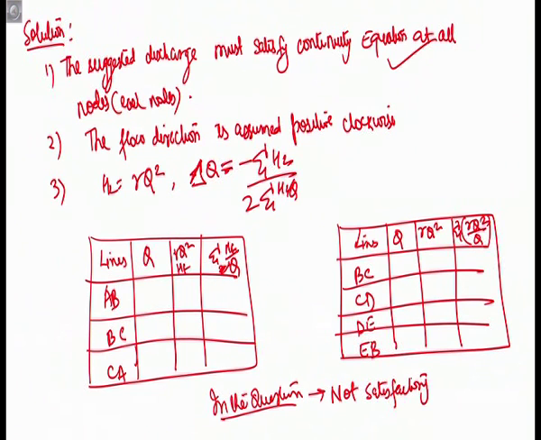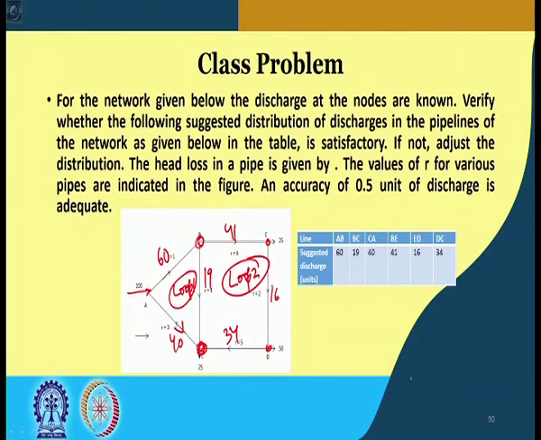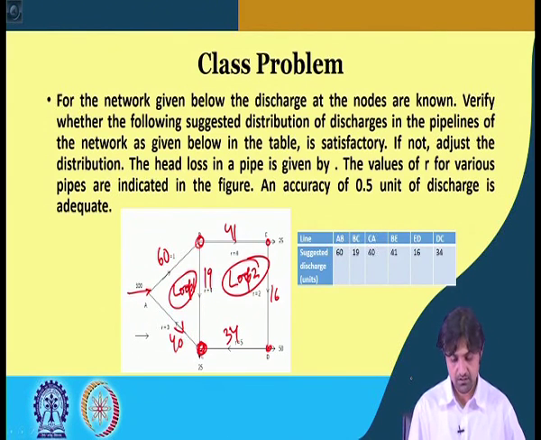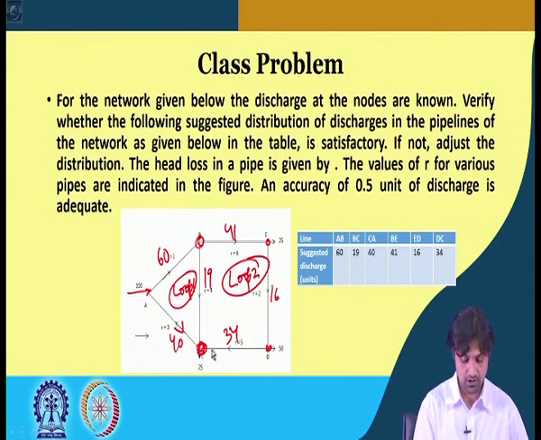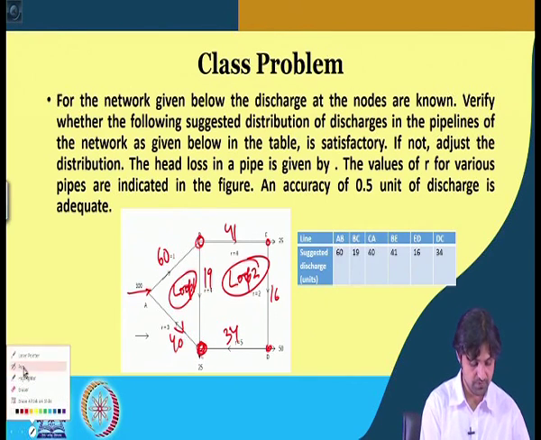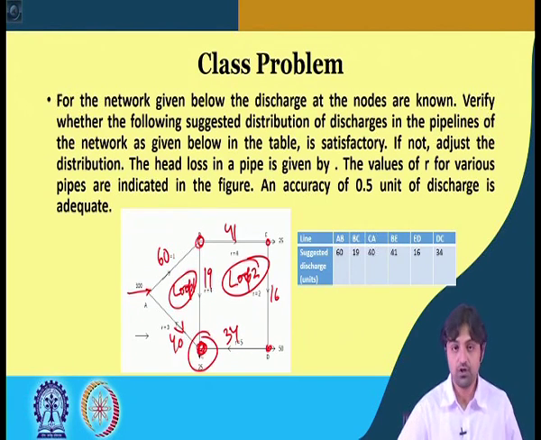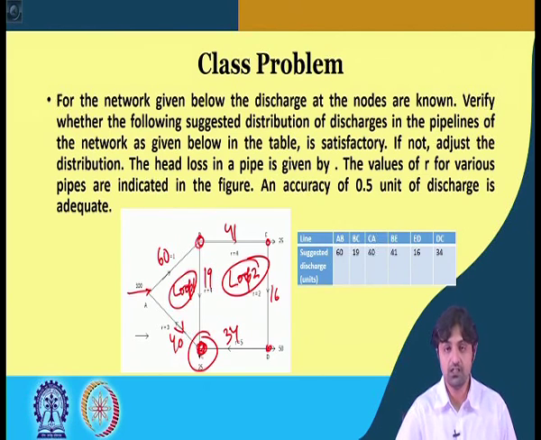We did not even need to go to the second step. In the first step, because the continuity equation was not satisfied, we can simply say that the solutions are not acceptable. All right. So we have seen two types of problems in Hardy Cross.